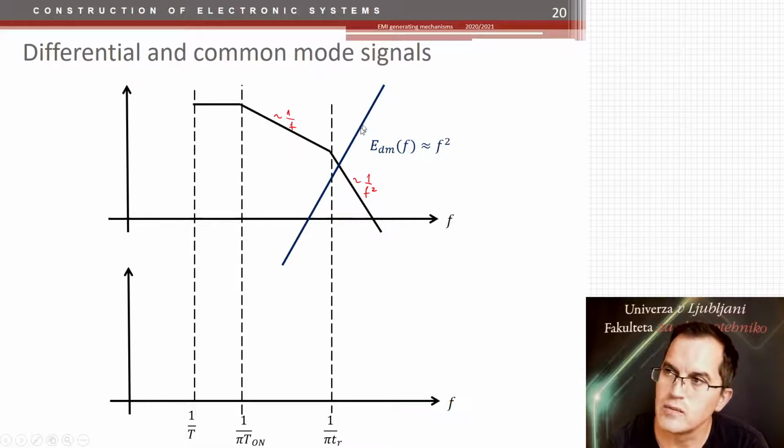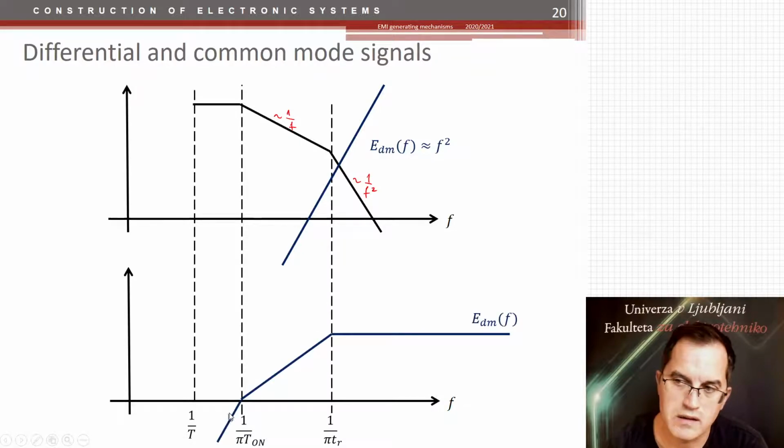If we now multiply these two, the source frequency dependency and the consequence frequency dependency, you will see that here it is 1 over f squared, here 1 over f, and here constant. So the 1 over f squared and f squared cancel here. So differential mode noise would actually be frequency unlimited.